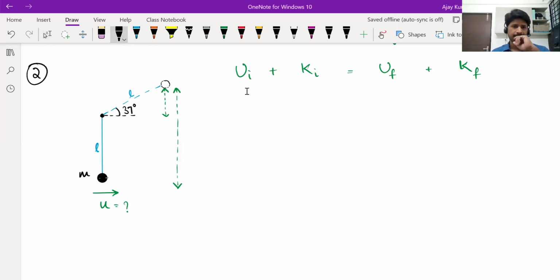Okay. Rishi, tell me, did you calculate that small height above the horizontal position by which it rises? It will be in terms of L only. You can visualize this right angle triangle.